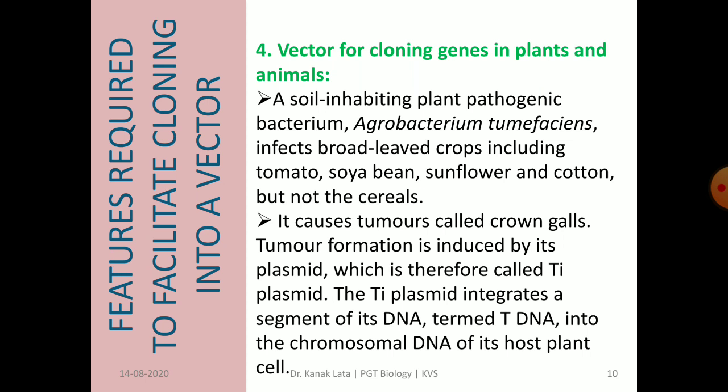This tumor formation is due to its plasmid called Ti plasmid, meaning tumor inducing plasmid. T stands for tumor and I stands for inducing. So it is Ti plasmid. The Ti plasmid integrates a segment of its DNA called T-DNA into the chromosomal DNA of its host plant.